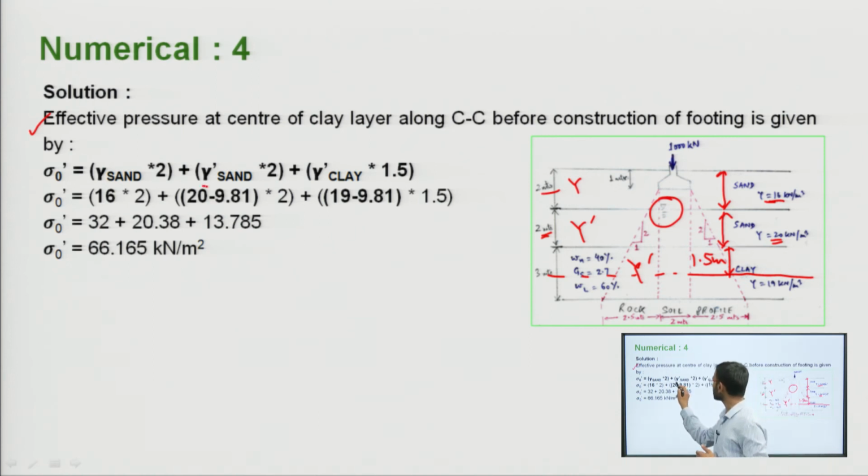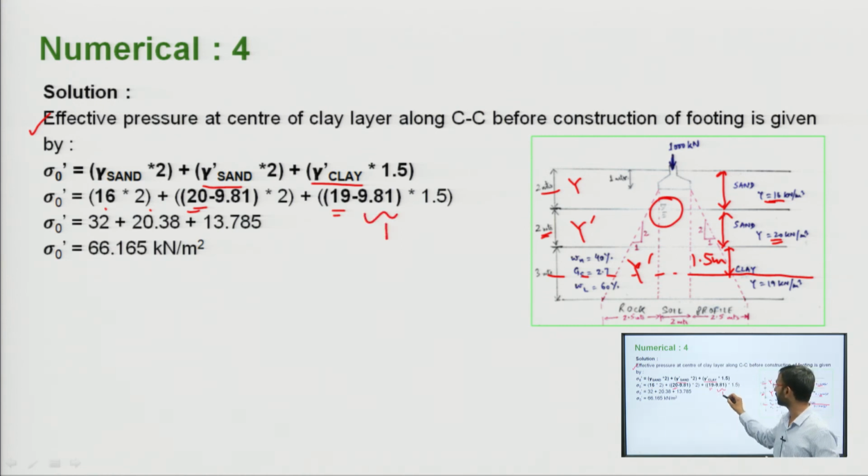So in the second and the third layer we are taking gamma submerged. So, 16 into 2, you can easily find out; 20 is given to you, from which you will subtract the gamma W value 9.81; and 19 is given to you, from which you will subtract the gamma W value into 1.5, the thickness. So sigma naught comes out to be 66.165 kilonewton per meter square.